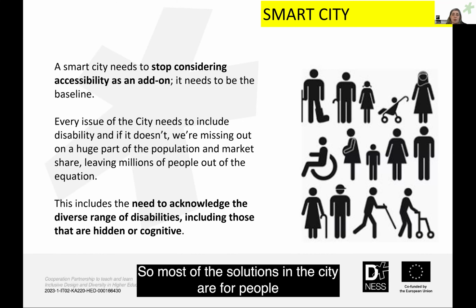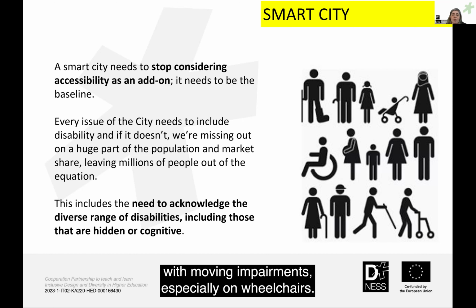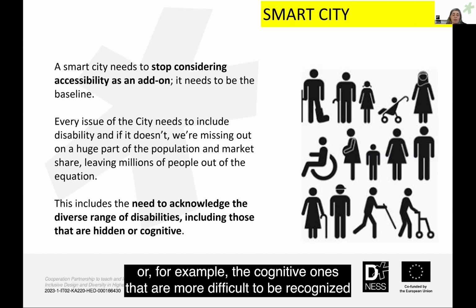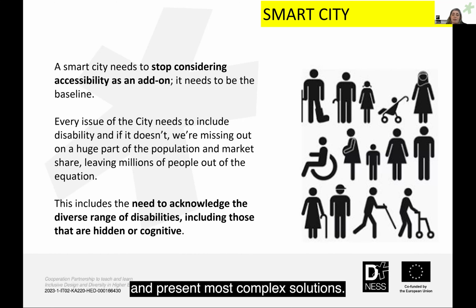So most of the solutions in the city are for people with moving impairments, especially on wheelchairs, but very often they don't consider other kinds of hidden disabilities, or for example, the cognitive ones that are more difficult to recognize and that present more complex solutions.